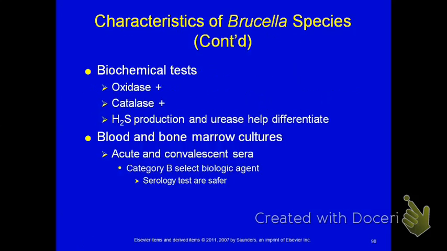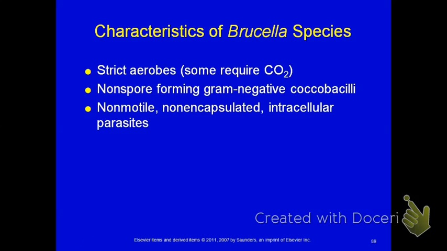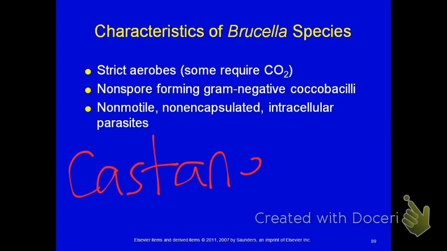Okay? So, let me go back to that statement. It's hard for us to cultivate them in vitro since they are intracellular parasites. But there is a specific culture medium that could be used for cultivating Brucella, and that would be the Castaneda medium.